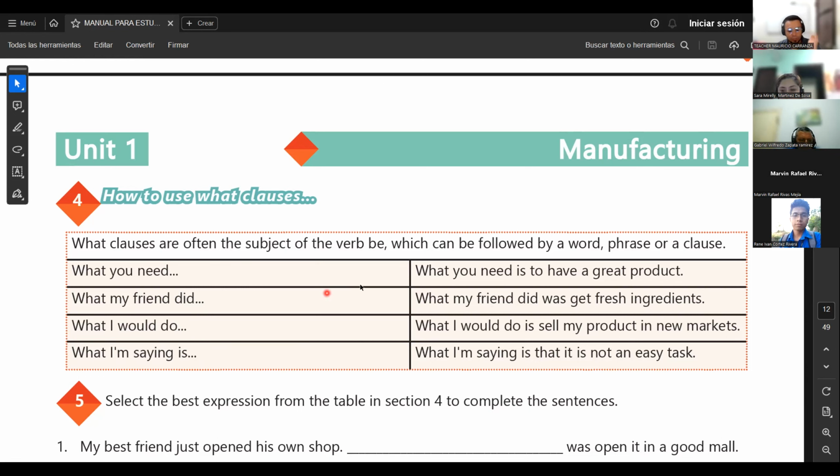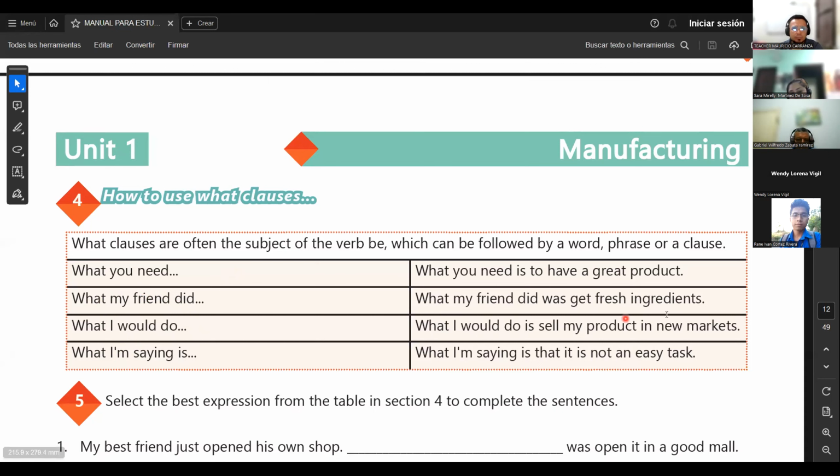Depending on the specific what clause that you use, you will need to use the verb to be either in present or in past. That is the case of this one, what my friend did. But as you can see, they are followed all the time by the verb to be, either in the present or in the past. The translation to this basically is lo que necesitas, lo que mi amigo hizo, lo que tú necesitas hacer, lo que estoy diciendo.